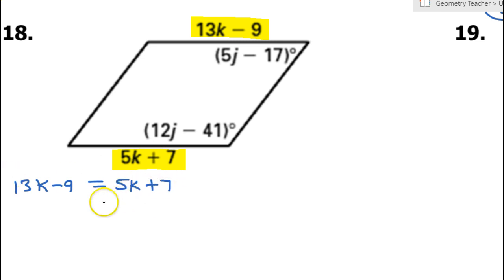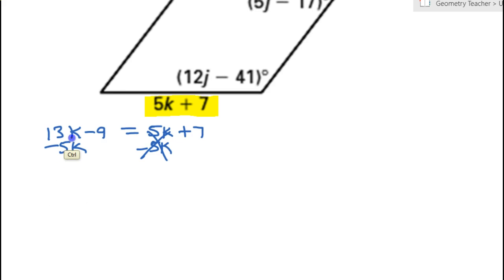Whenever you have a variable on both sides, you should deal with that first by subtracting one of them away. So that will cancel. So now this is going to be 8k minus 9 is equal to 7.